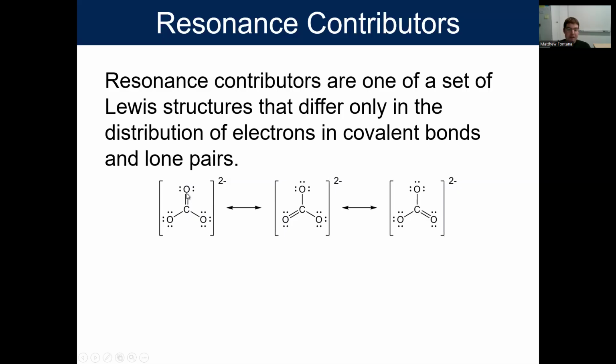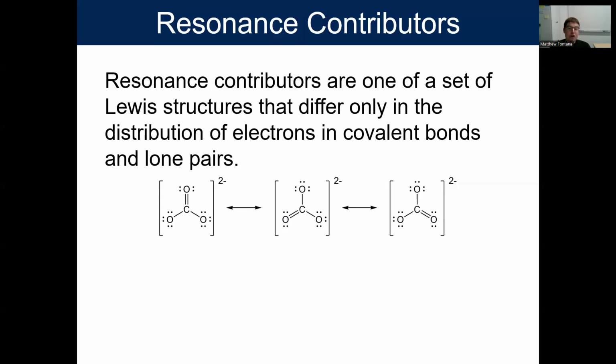And that double bond could either go up here, down here, or down here. Okay. And so, because those are three equally valid good Lewis structures, each one of these structures is going to contribute roughly 1/3 to the true experimental structure of the carbonate anion.